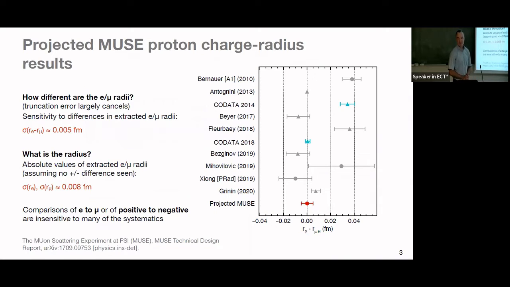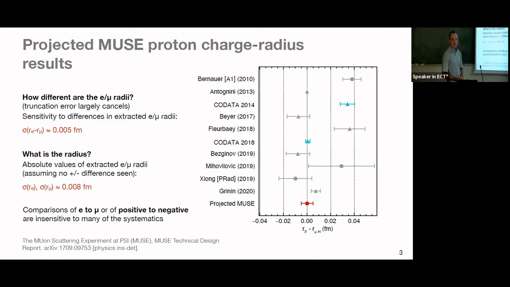As mentioned, the experiment was originally motivated by the proton radius puzzle. The graph here shows some recent results on that quantity. I want to just highlight that there are new experiments which have been performed after the puzzle came about. A lot of experiments support the extraction of a rather smaller proton radius.